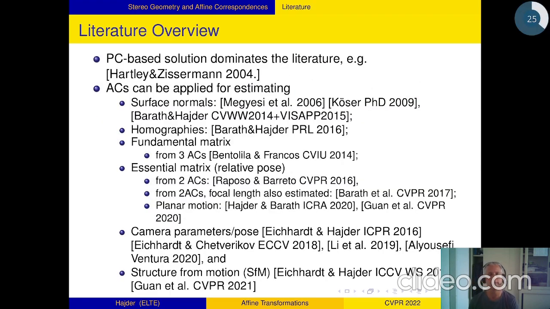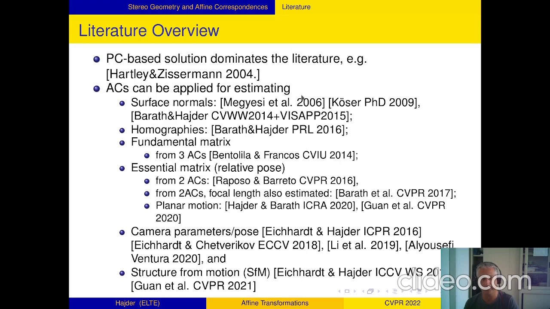Now let's see a very brief literature overview of the affine transformation. Here you see several papers which deal with the utilization of affine transformations. The first example is a point correspondence based book, the famous book of Richard Hartley and Andrew Zisserman. Then the affine transformation related papers are listed.